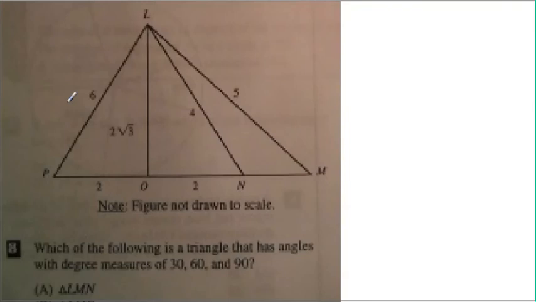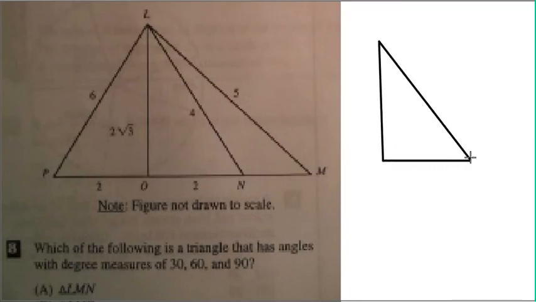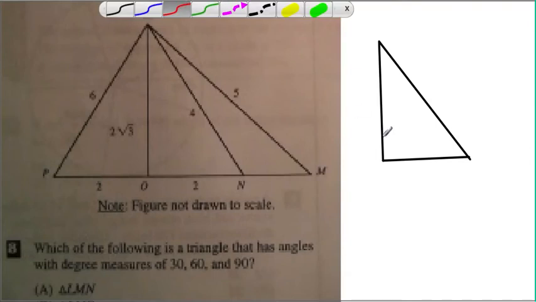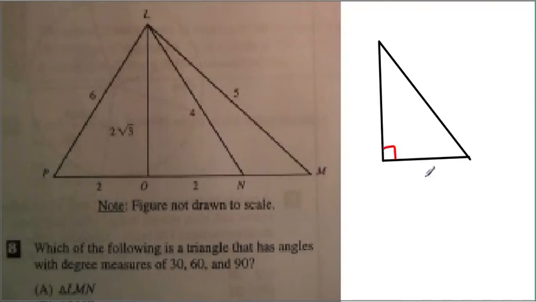Number 8. Which of the following is a triangle that has the degree measures of 30, 60, 90? Now, if you look into the measurements over here, 30, 60, 90, simply put, the ratio is 1 opposite the 30, radical 3 opposite the 60, and 2 opposite the 90.